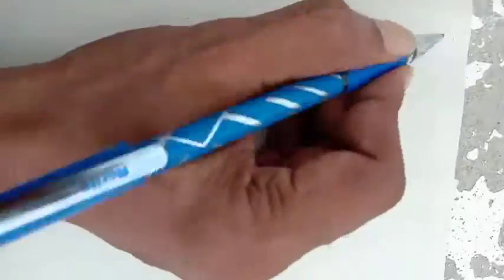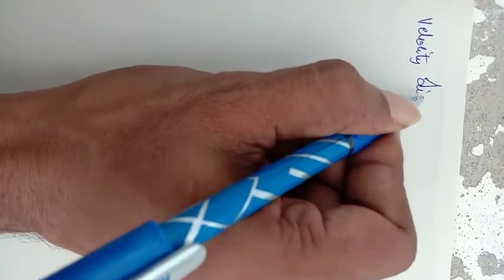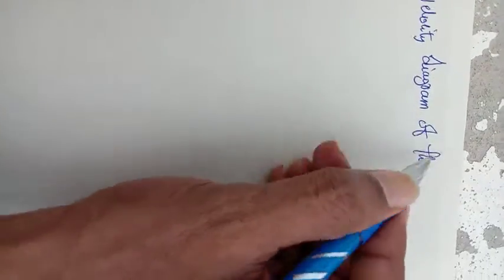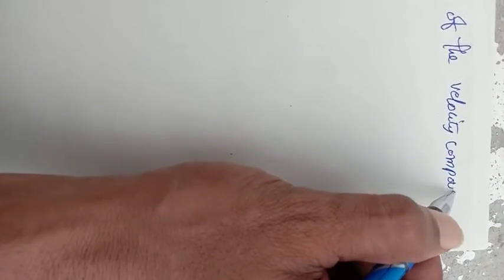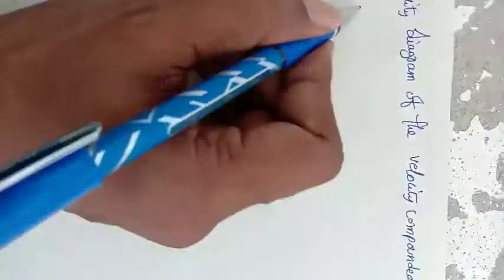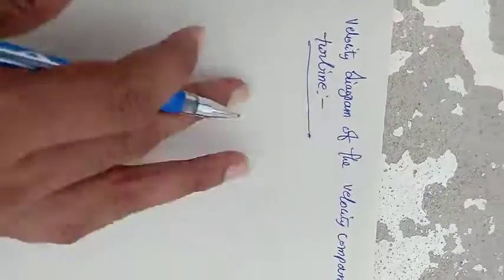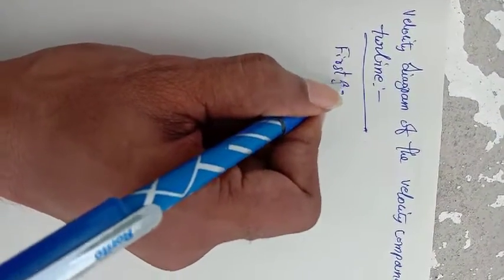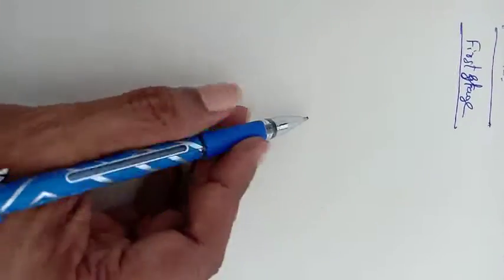now we are going to see here the velocity diagram of the velocity compound turbine. Okay, compound turbine you can see here. Now first this is coming from the first stage. So here is the first stage.